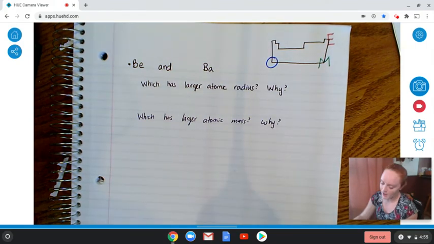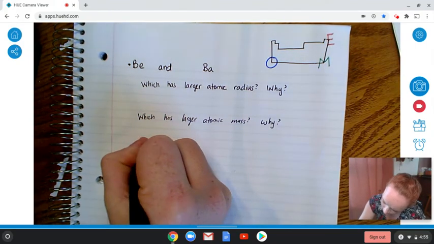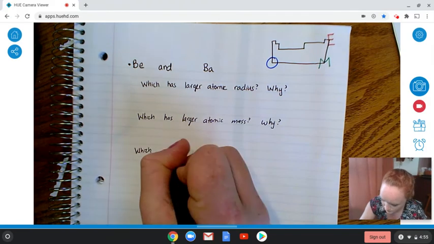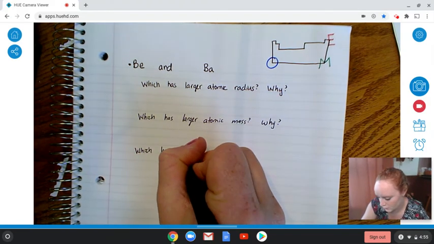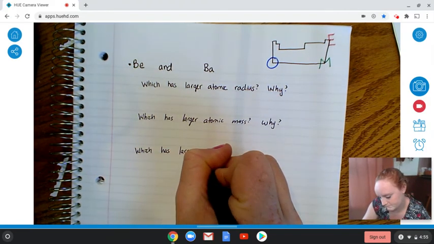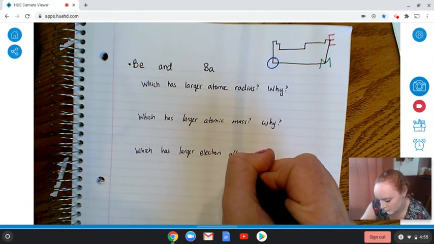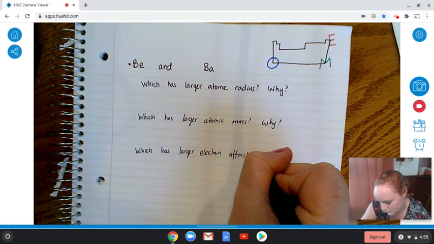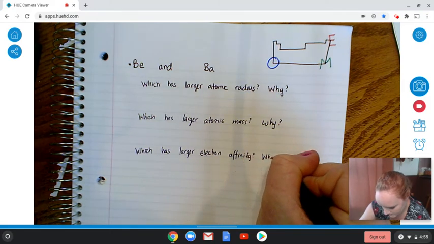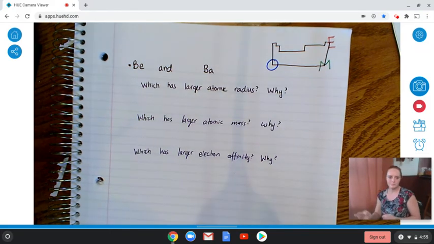Skip like 3 lines. Our new trend, which has larger electron affinity, and why? All right, we're going to do this one together, and then I'm going to leave you one to do on your own. So, which has the larger atomic radius?